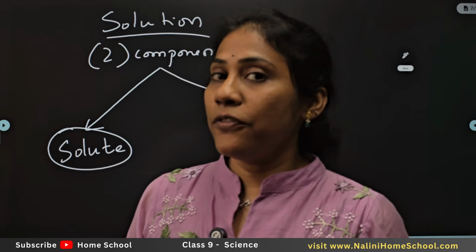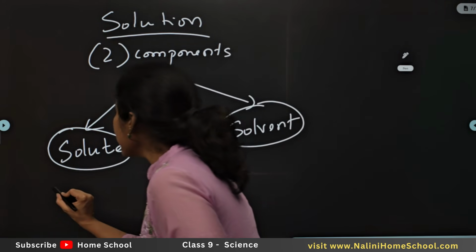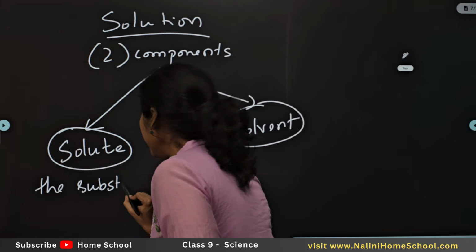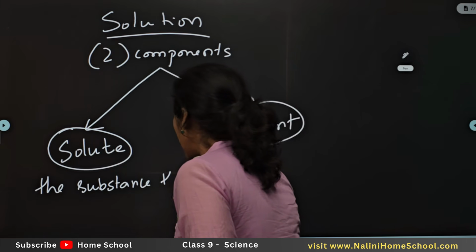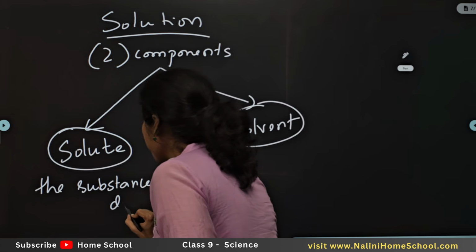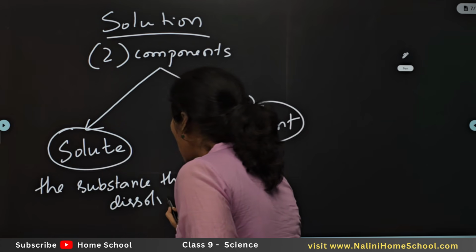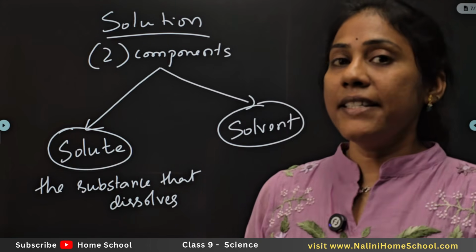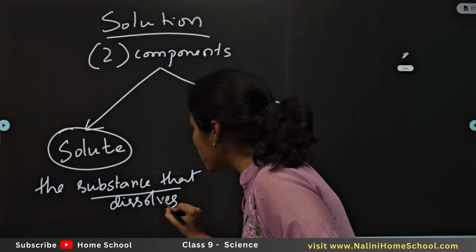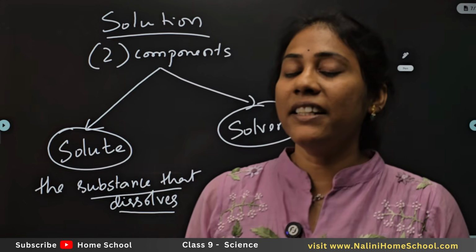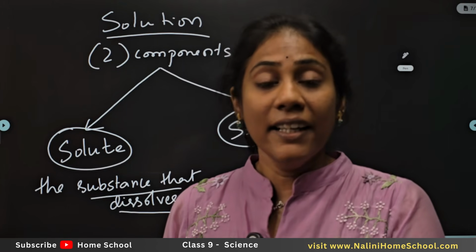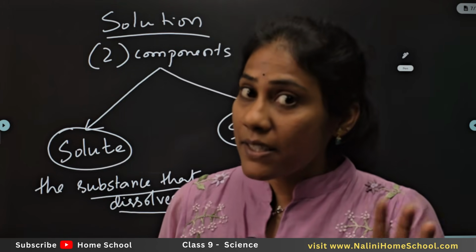So listen carefully. The substance or component that dissolves is called a solute. This is the definition mentioned in your textbook. But if you want to understand it in a simple way, just apply this trick, guys.